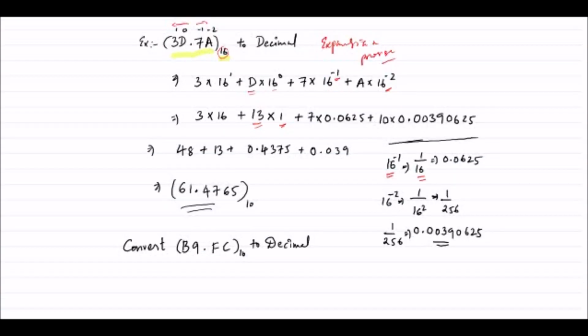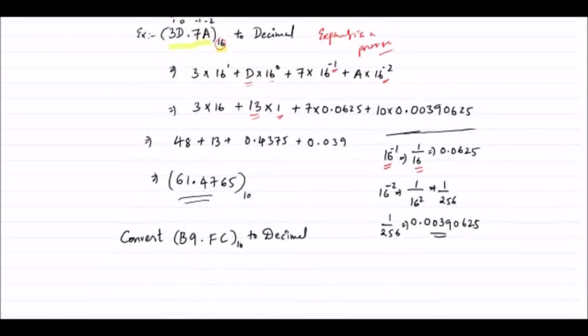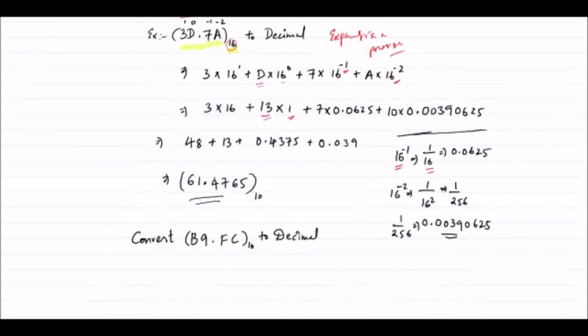So 3 into 16 plus the decimal equivalent value of D, which is 13, and 16 power 0 is 1. 16 power -1 is 1 by 16, which is 0.0625, and 16 power -2 is 1 by 16 square, that is 1 by 256, which is 0.0039065.